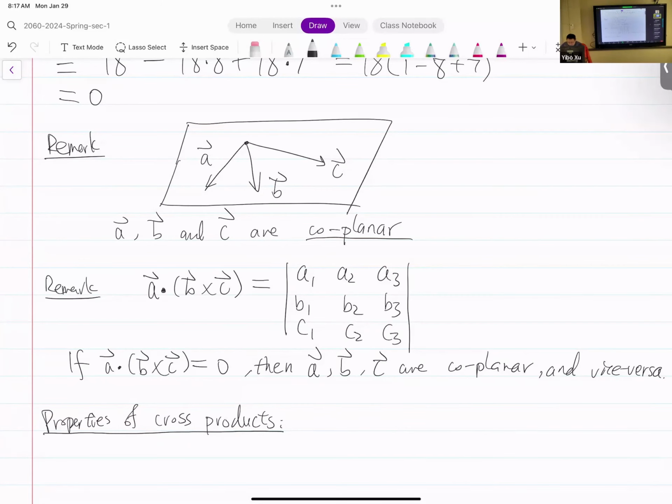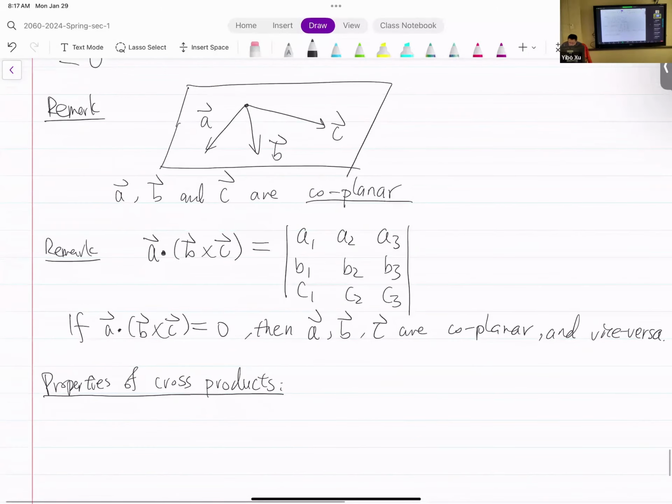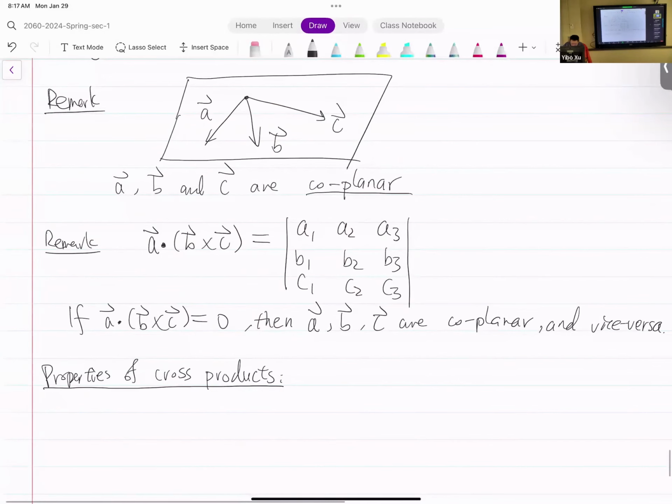So that's the geometric perspective. But with the arithmetic perspective, it's actually a little bit easier for us to verify the properties. So the following properties, I'm going to write them down.